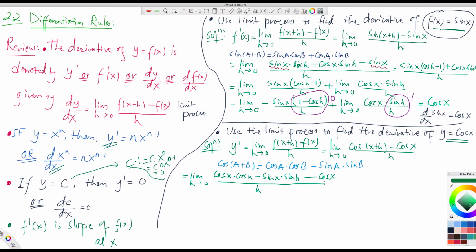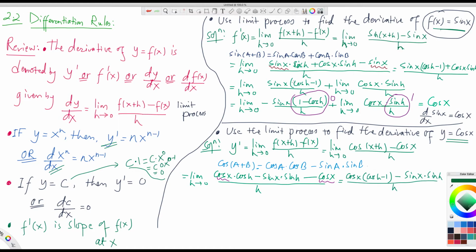As in the sine, I will try to factor out. So there is cosine of x, there is also cosine of x. If I take cosine of x out from these two terms, it will be cosine of h minus 1, and then minus the middle term as it is, sine x times sine of h, divided by h.